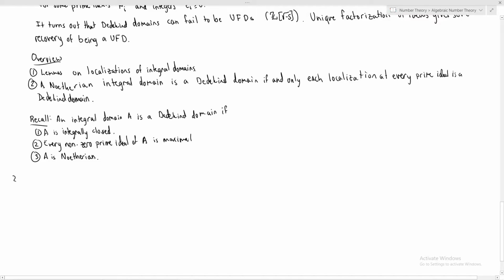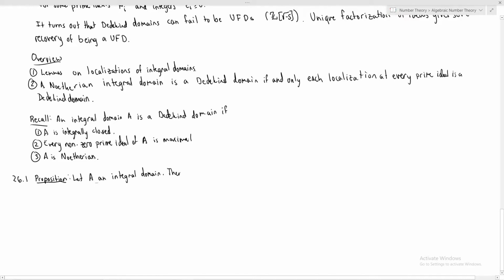So this is going to be 26.1, proposition. We're going to let A be an integral domain. The claim is basically that to check that something is integrally closed, it suffices to check locally.